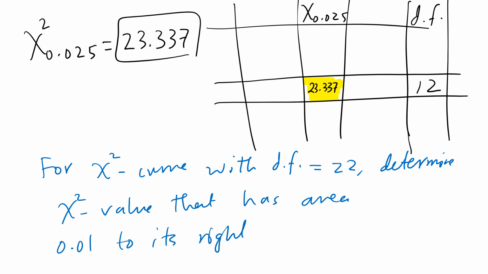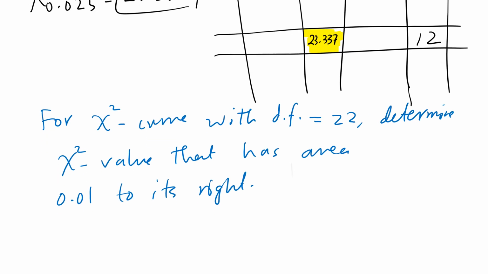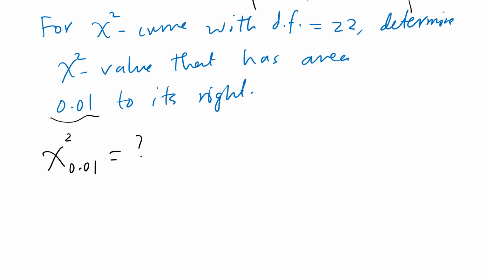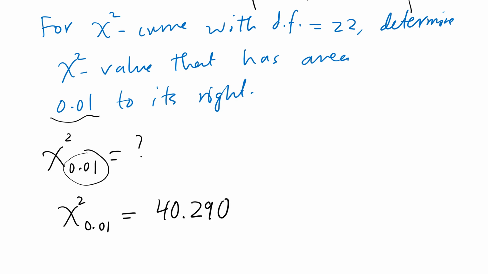That area is the alpha value. In other words, they ask us to find chi-square sub 0.01. We go to the table for degrees of freedom 22, and in the first row look at 0.01. If you draw the column, that gives you 40.290.